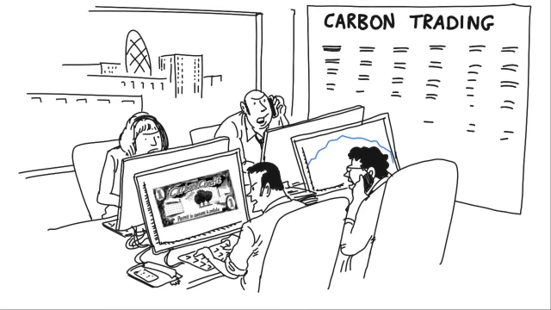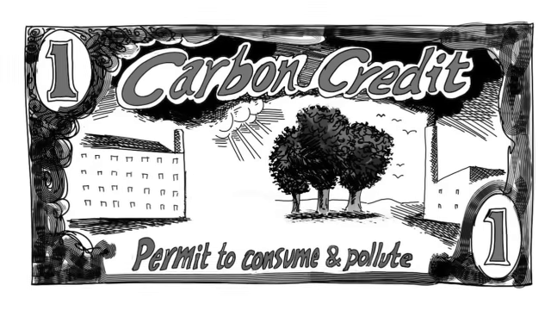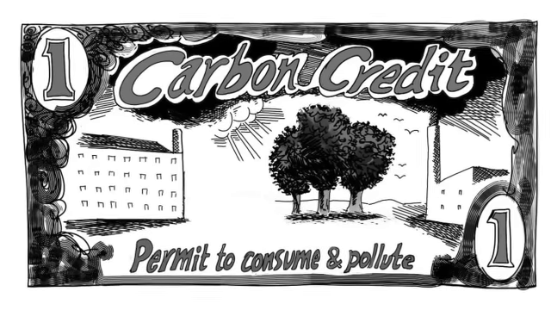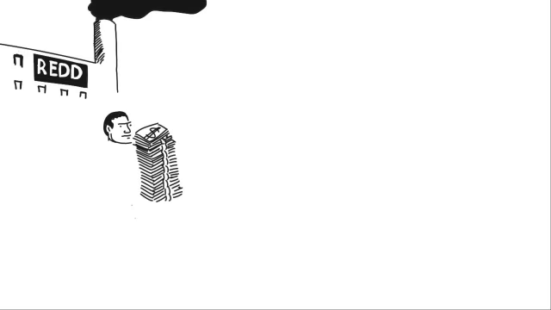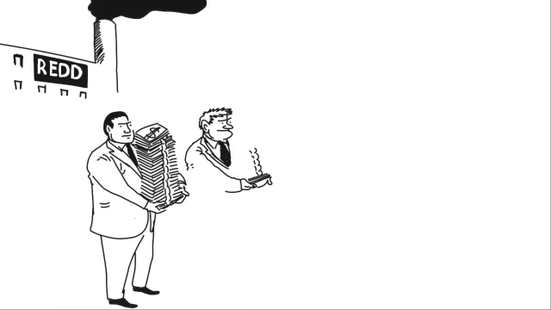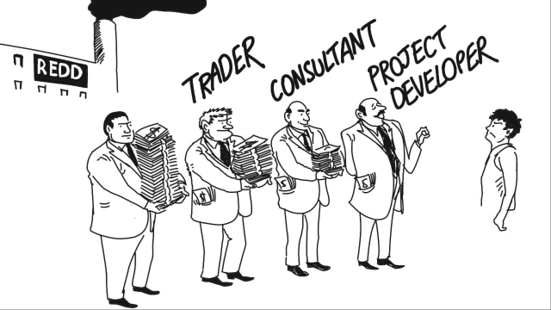Polluting companies or industrial countries who need to reduce their greenhouse gas emissions will then buy these credits so they can continue emitting greenhouse gases. This means lots of profit for middlemen and traders, but very little for the people who live in the forest.